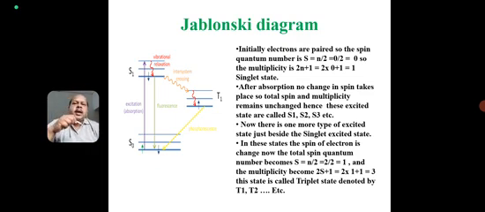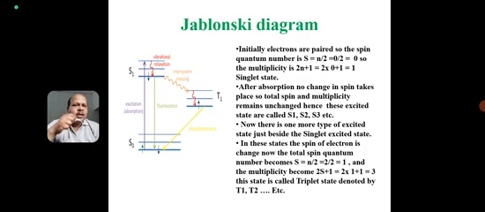Now, after absorption of energy, one of the electrons, shown in dark blue color, gets excited. You can see there is no change in spin, just upward where S1 is written. The electron has been excited, but there is no change in its spin.